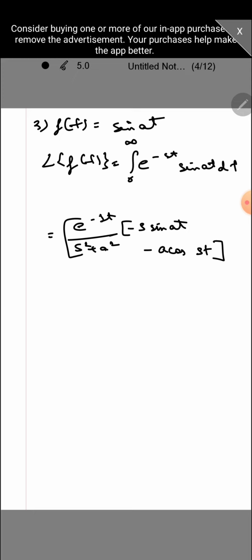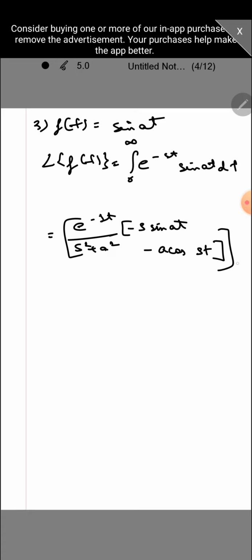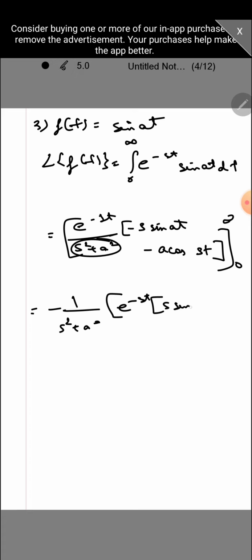So this is from 0 to infinity, right? So we can take the minus outside and this portion also outside, so minus e to the power minus st times s sin at plus a cos at, from 0 to infinity.